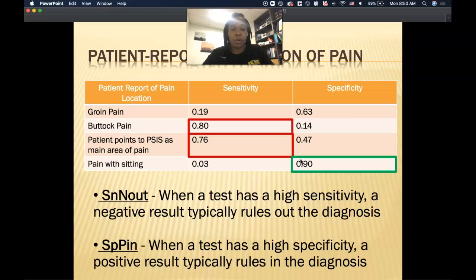If the answer is no, more than likely they don't have SI joint issue, because we're 80% sure that they don't have the pathology. Do you have pain with sitting? Yes. Oh my gosh, okay, it's got to be SI joint. Now, this isn't telling us what's causing the SI joint issue. It's just telling us whether or not it's SI joint related versus lumbar spine related. Make sense, you guys?